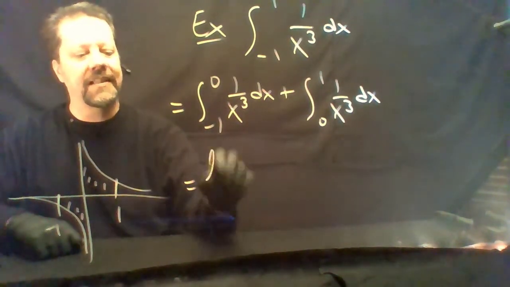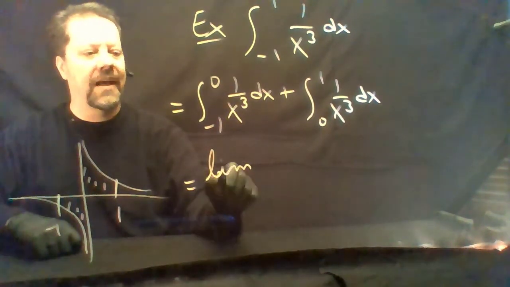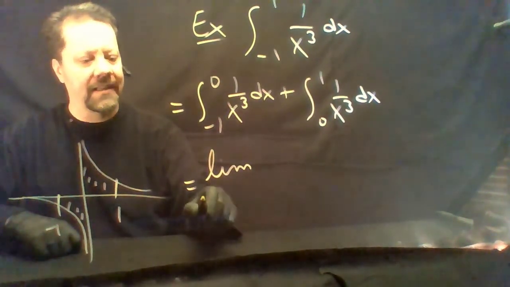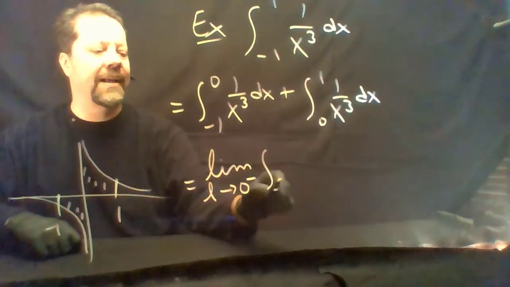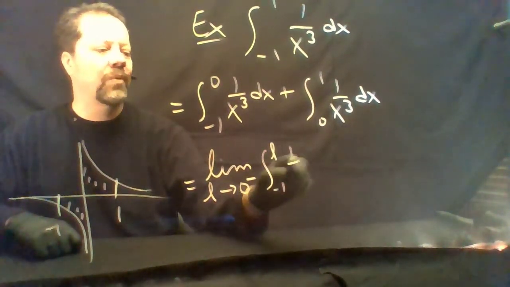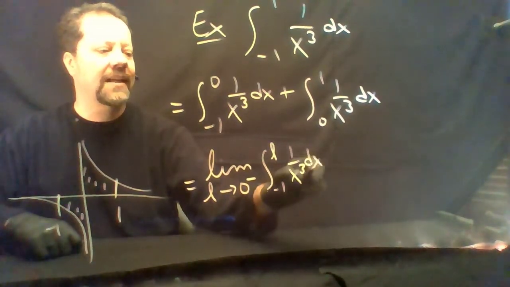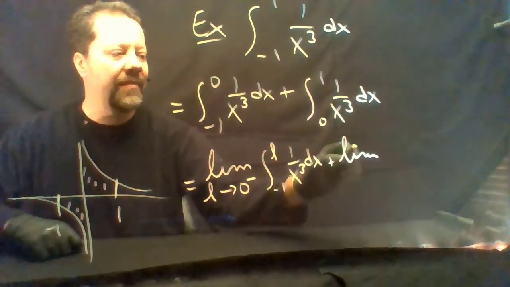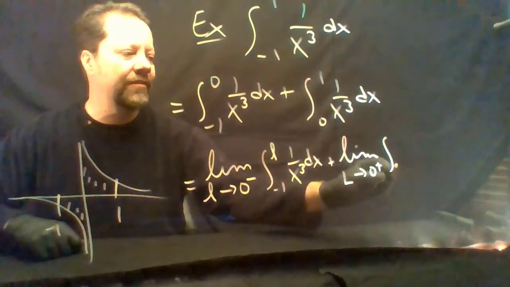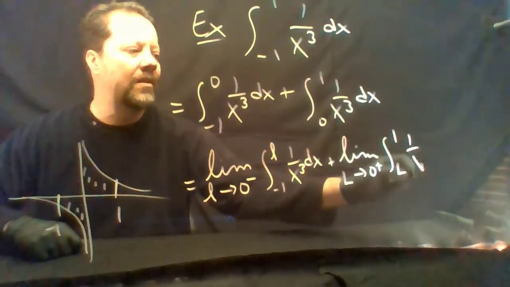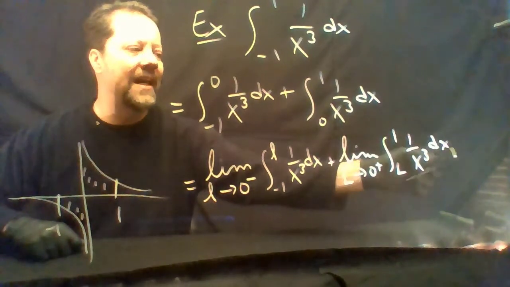So we'll have to take the limit as, let's say, little l goes to 0 from the left, the integral from -1 to little l, 1 over x cubed dx, plus the limit as, let's say, big L goes to 0 from the right, the integral from L to 1, 1 over x cubed dx.